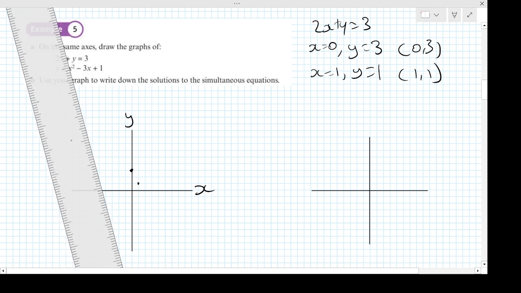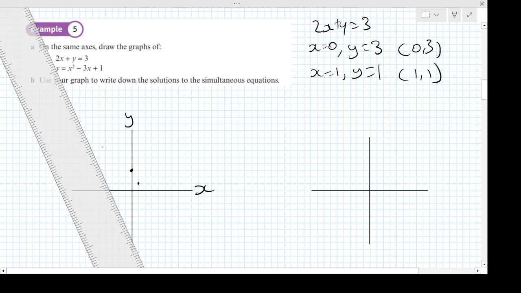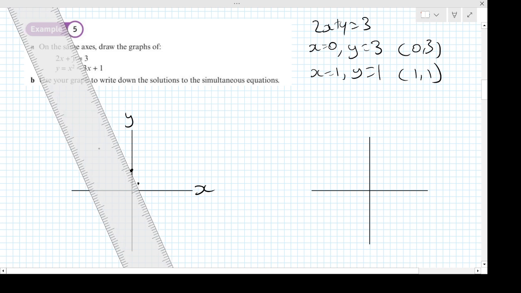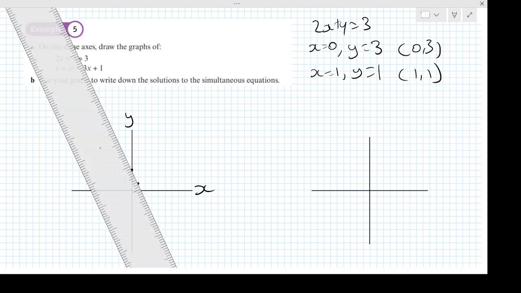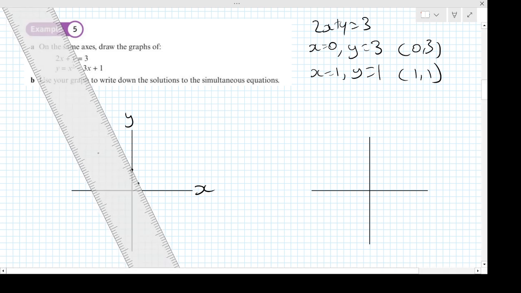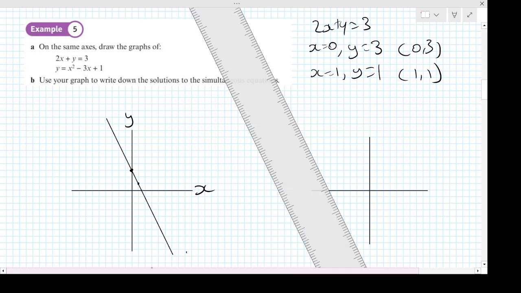There we are. So try and get it to pass through those 2 points as neatly as possible. Okay, I think that should be fine. There we are. So then that would be the line 2x plus y is equal to 3.